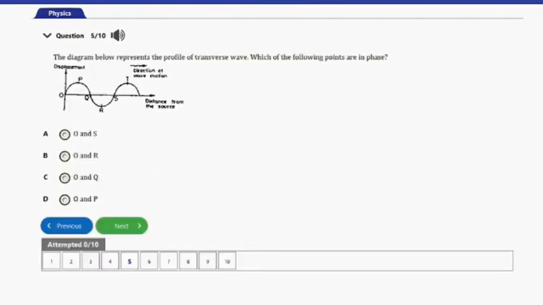Alright, so the next question here is question number 5. It says, the diagram below represents the profile of a transverse wave. Which of the following points are in phase?